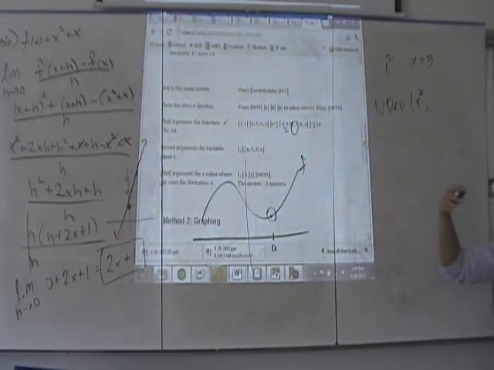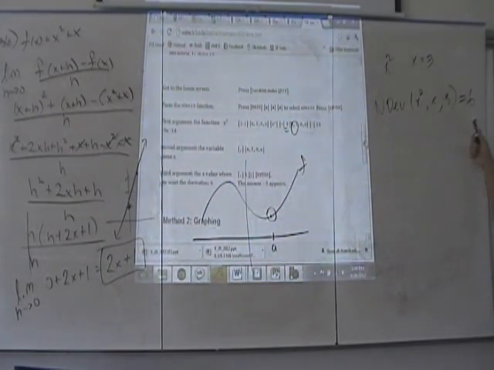What are you taking the derivative of? We're taking the derivative of x. You hit a comma. As x equals what number? 3. And this should give you 6. So the derivative of x squared with respect to x at 3 is equal to 6.